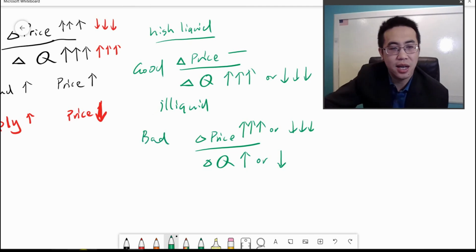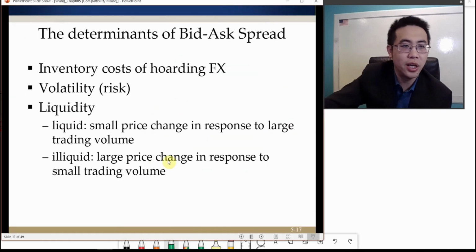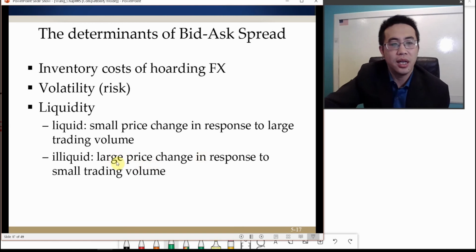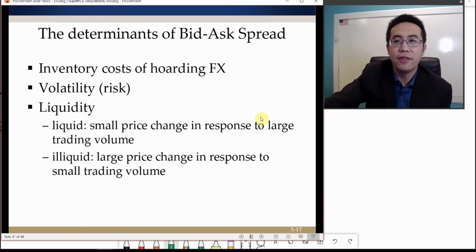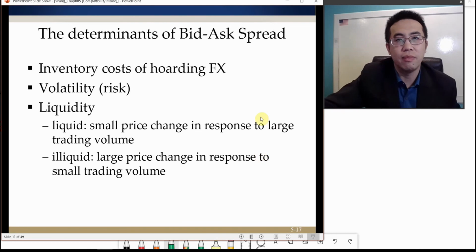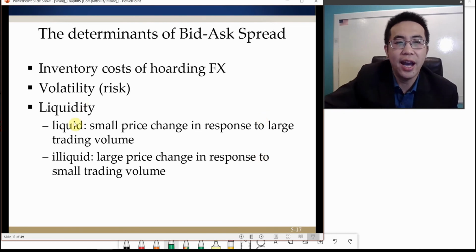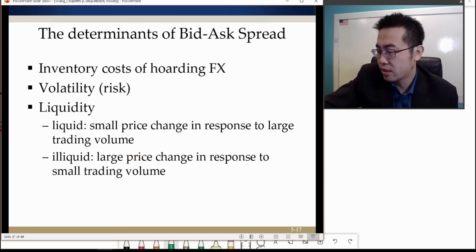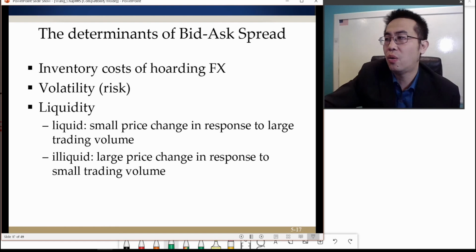I have spent a lot of time explaining the definition of illiquidity. It's basically a large price change in response to small trading volume. And if the dealers or the bankers are providing trades of such illiquid assets like the Hungarian forint, Zimbabwe dollars or the Egyptian pound, then these currencies are very illiquid.